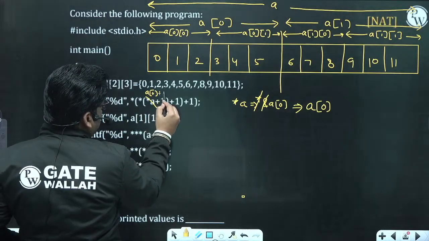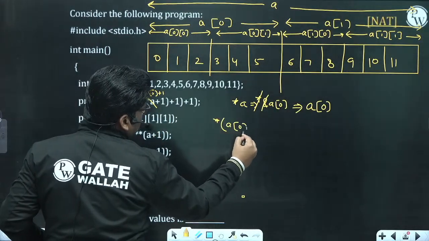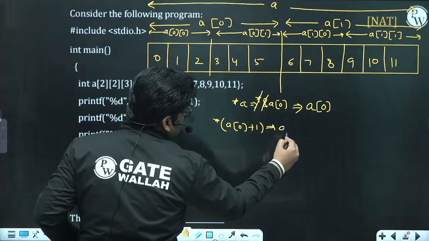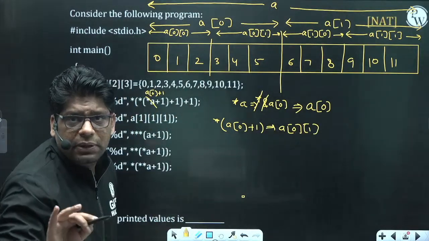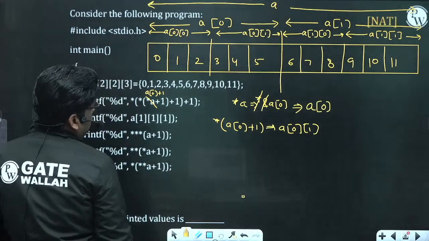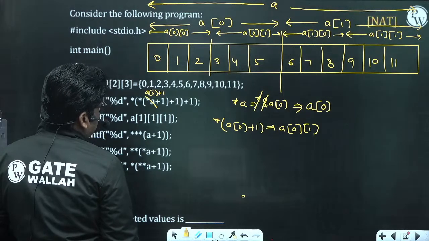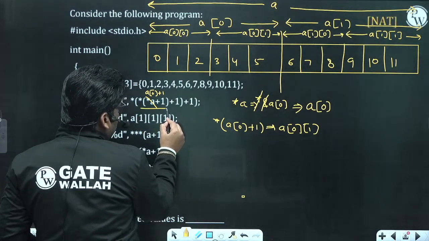Now A of 0 plus 1 and a star. We know star A0 plus 1 is nothing but A01. Is that okay? From the array concept, this must be known to everyone who is watching this video. Now this whole becomes A01.